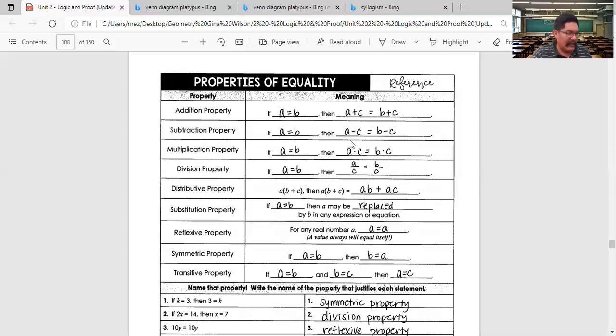So again, make sure you have this page. There's a couple of things you could do. Right now you have a computer, obviously, because you're watching this, or a phone, which would probably mean you could take a screenshot of this. You could write it down if you have neither of those things.